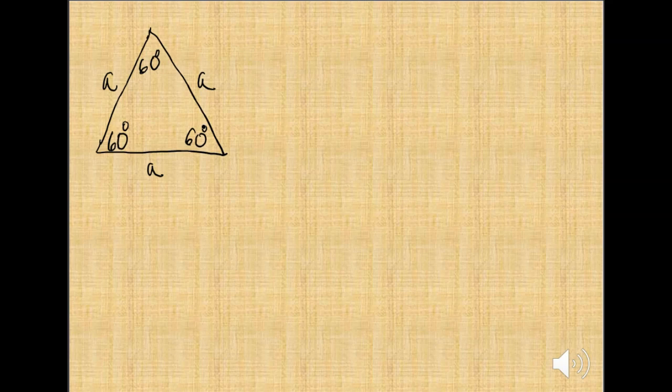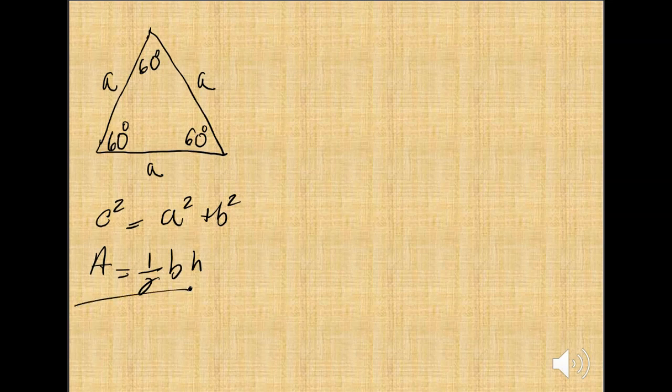Okay, so that's an equilateral triangle. Now, to find this triangle, we have two equations. We have the Pythagorean theorem, as everyone knows, that c squared is equal to a squared plus b squared. And we have the area of a triangle equals 1/2 the base times the height. Everybody knows that.